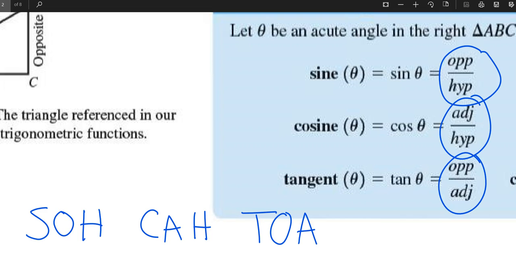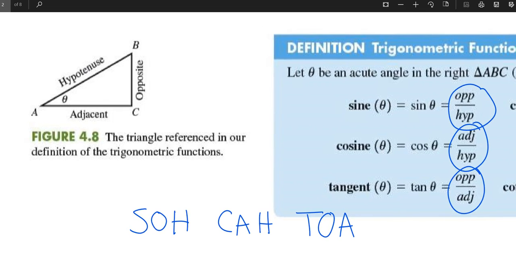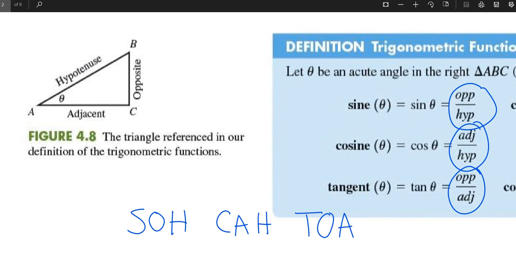Okay, that's all kind of stuff we already know. And knowing your reference angles, you've got your angle measurement in here, and this one is opposite. The hypotenuse is always away from or opposite of the right angle, and that only leaves the adjacent one being next to it. That should all be fairly familiar to you.